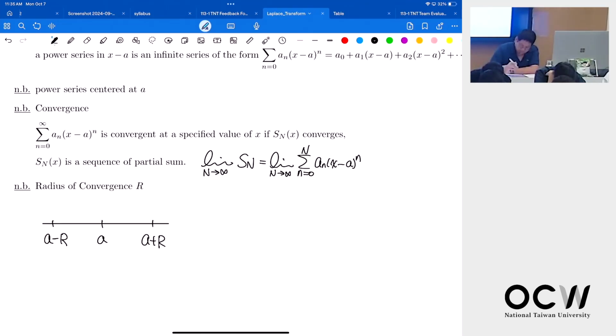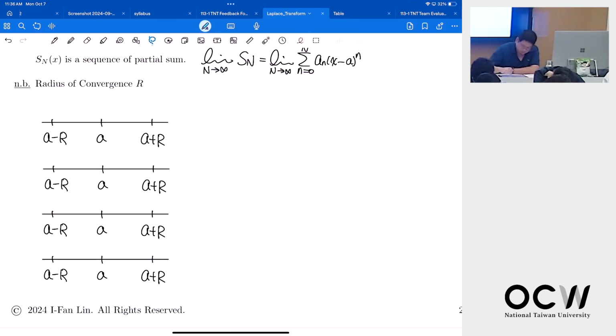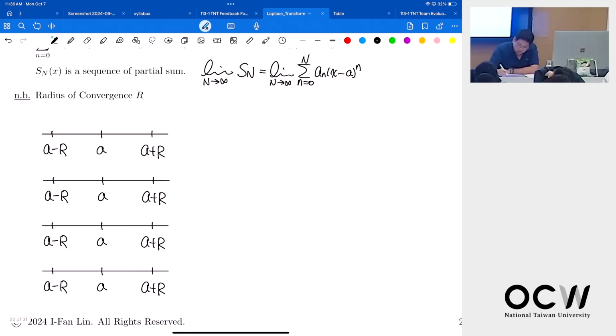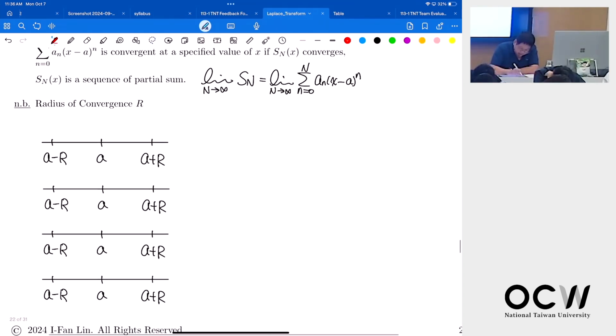And then, first, if I have parentheses on both sides, we say that the series diverges at both endpoints.